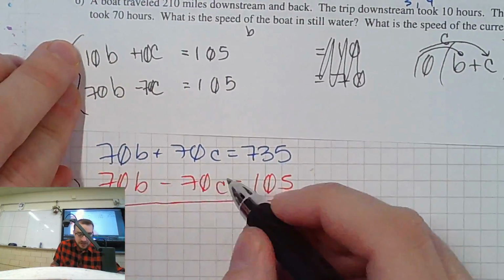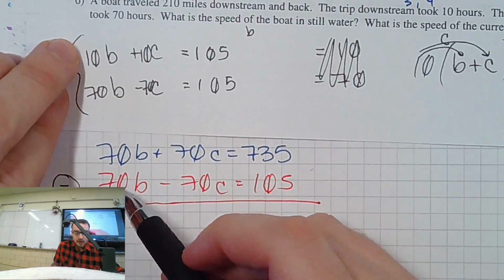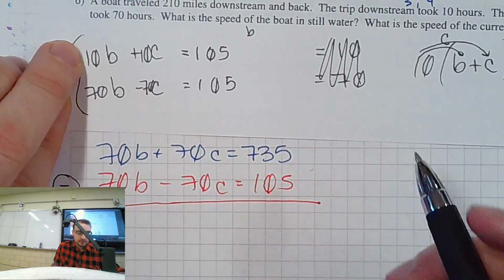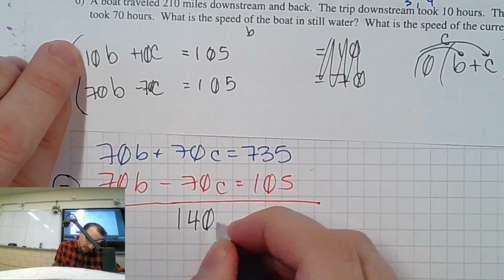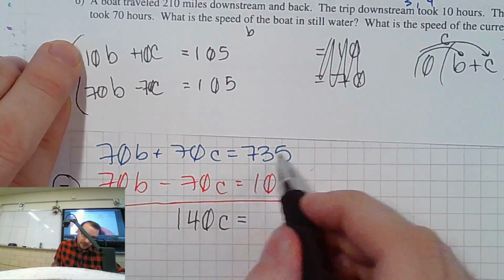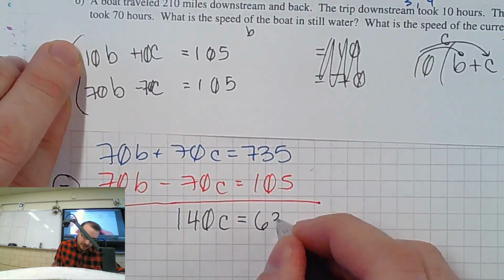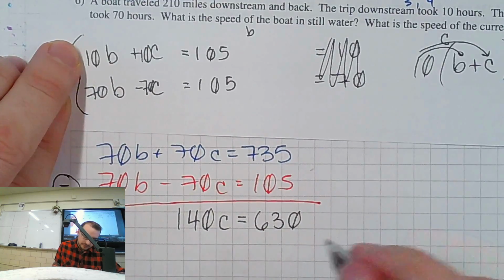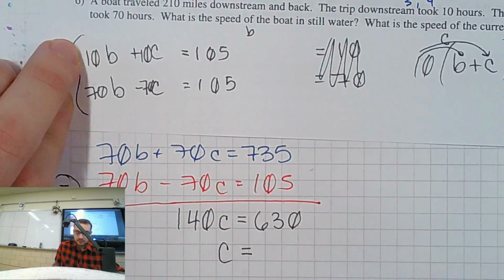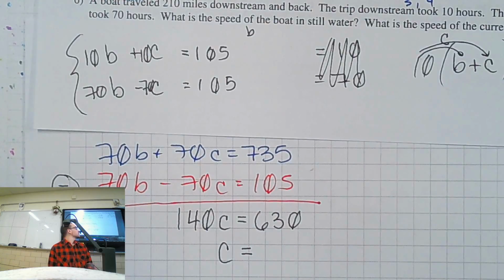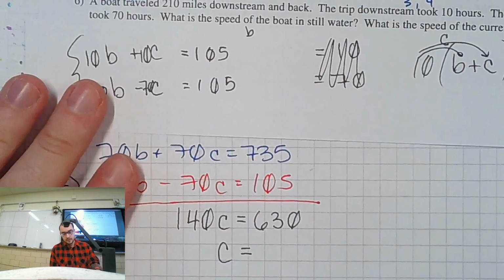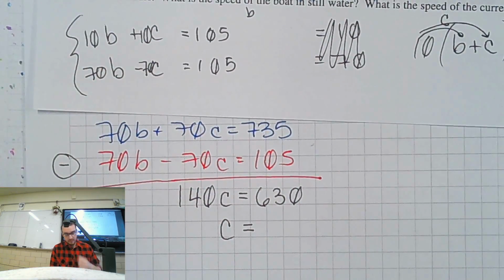All right, so these 70s go away. What's 70 minus negative 70? 735 minus 105, 630. How many times does 140 go into 630?